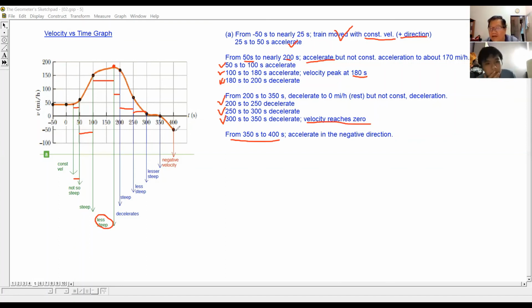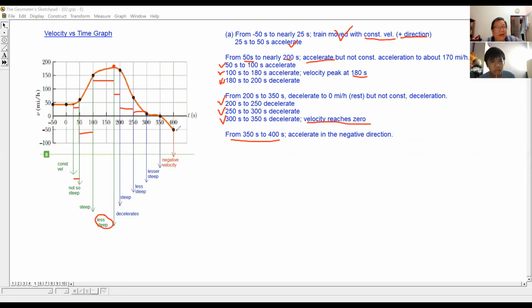Finally, it is moving at negative 50. Accelerating or not accelerating? It is accelerating. Because at first it is 0, finally it is negative 50. But this time, the acceleration is in the opposite direction because the velocity is negative. So it is accelerating in the negative direction.